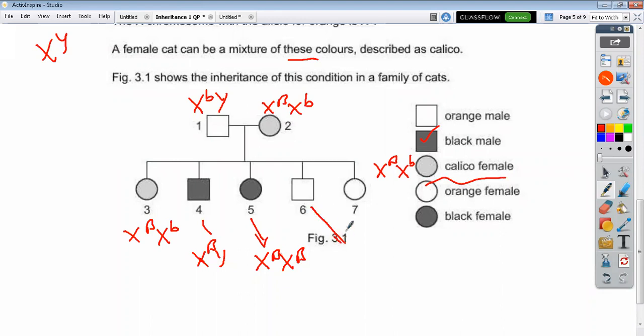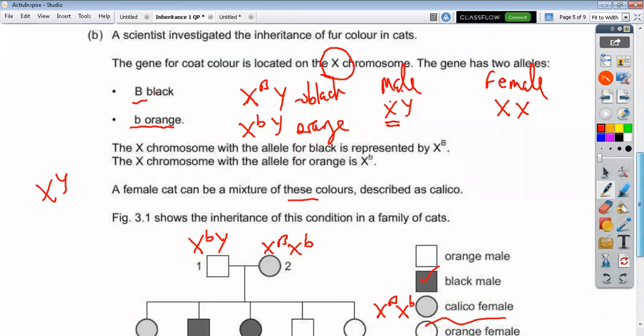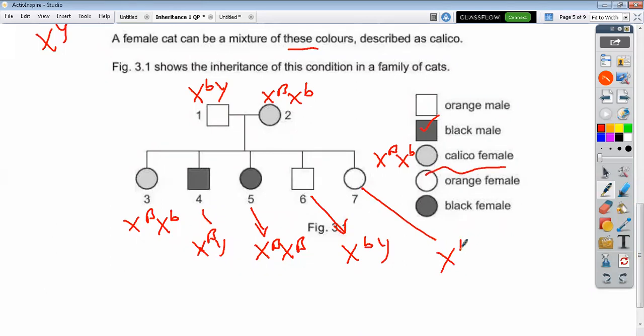Then this here is your male, sorry, orange, not normal. So X^b Y. Then this is your female, so it's an orange female, X^b X^b. So the mixture is like that. Are we together?